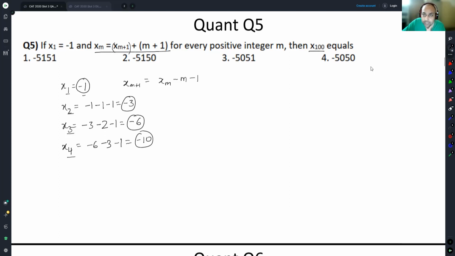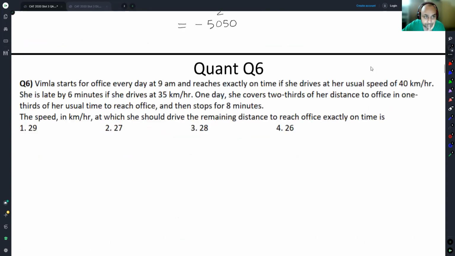So in order to identify x100 as the question demands, all we have to do is minus n into n plus 1 by 2, or minus 100 into 101 by 2, or minus 5050, or option 4. Of course, this would be a round 2 question for me because it requires me to write stuff down and come up with that series.